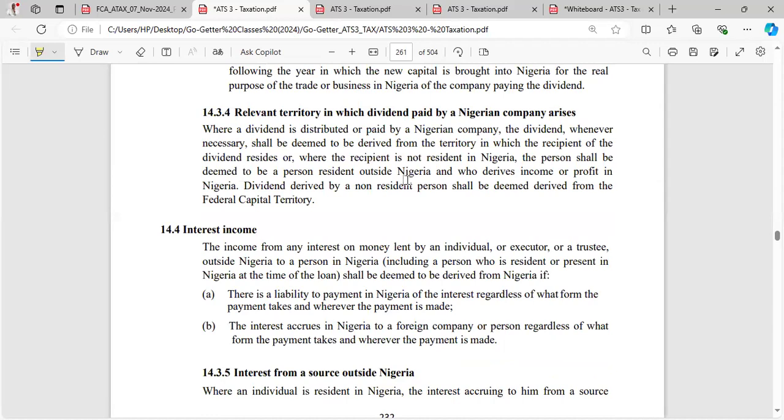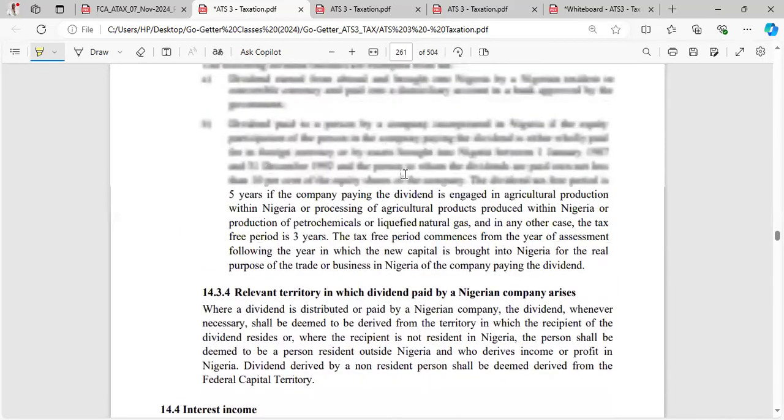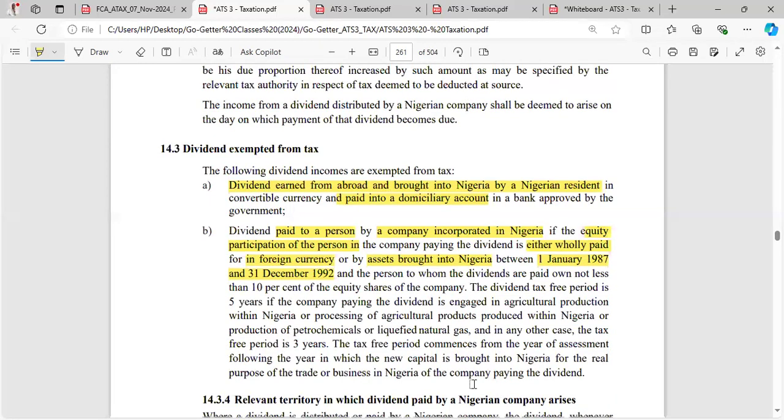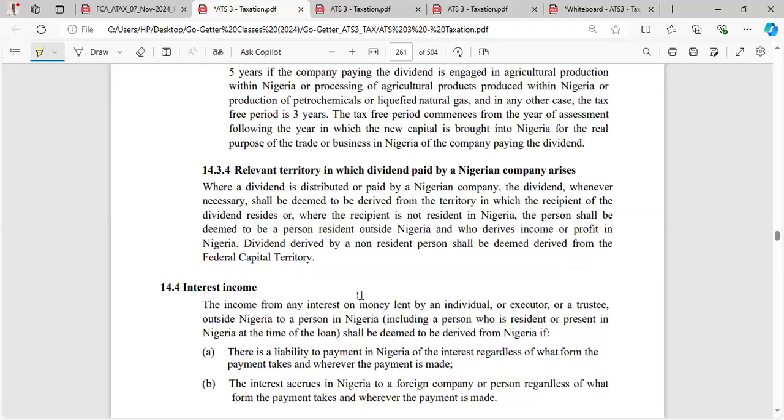Nigeria will tax you, just as the people abroad would have taxed you when you bring your dividend from abroad to Nigeria, while Nigeria does not tax you. So the same thing here: when you are earning it from Nigeria and you are a non-resident person, meaning you are taking your dividends outside Nigeria, Nigeria will tax you. Nigeria will look at you as living in the Federal Capital Territory.